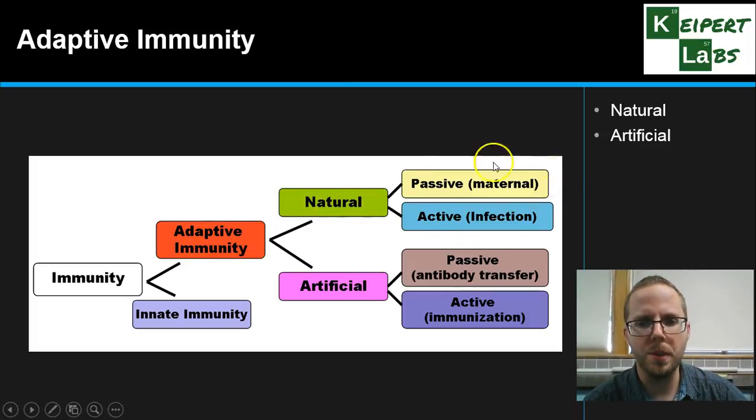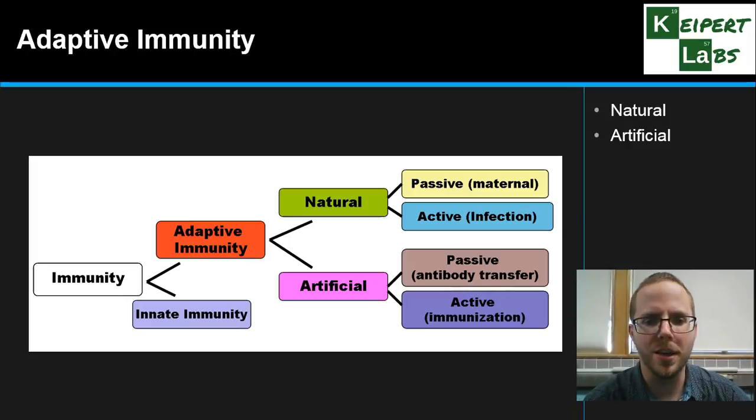Natural, developing throughout your life, either as a fetus inside your mother or by previous exposure. And artificial is where we as human beings have identified that we want to be immune to certain diseases, and we might passively transfer the antibodies which help to get that process going, or we might actively expose the person to an active form of the pathogen by the process of immunisation. We'll talk about that a bit more in a minute.